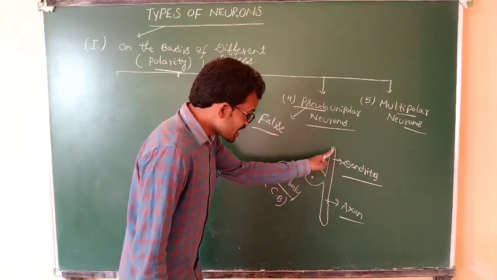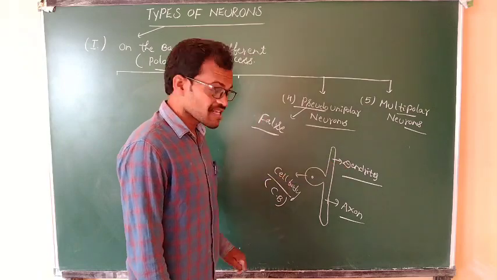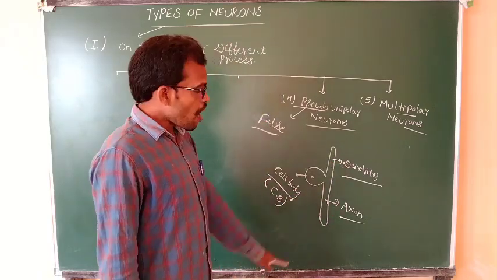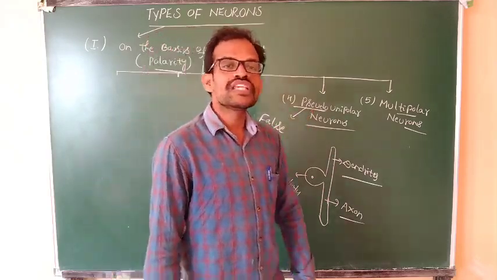Pseudo-unipolar indicates one polarity, but it is made of part dendrite and part axon. Part dendrite, part axon means it is a false unipolarity.